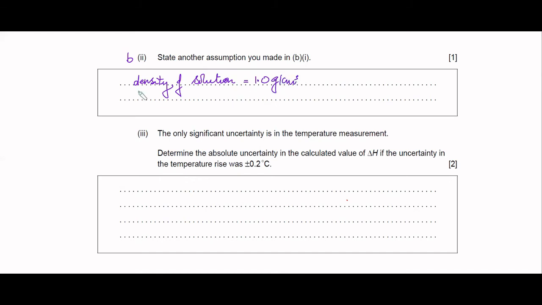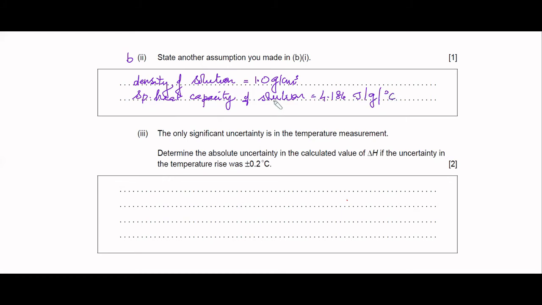Then the specific heat capacity of water is actually 4.184 joules per gram per degree Celsius. But here we are assuming that the specific heat capacity of the solution is equal to 4.184 joules per gram per degree Celsius. These are two assumptions that we had made.